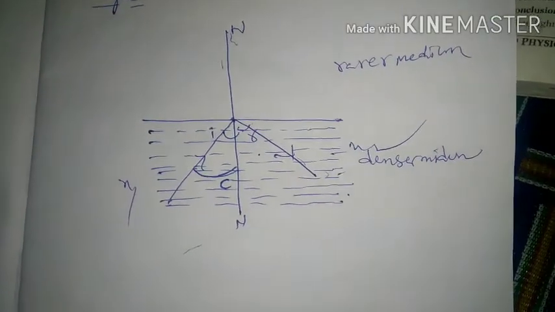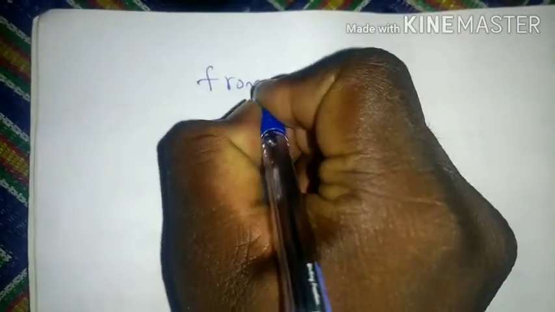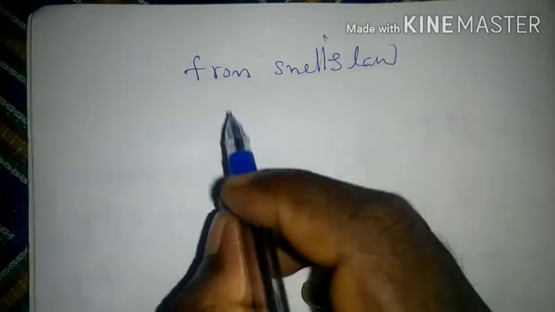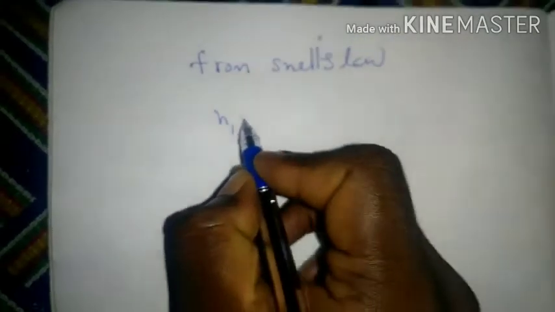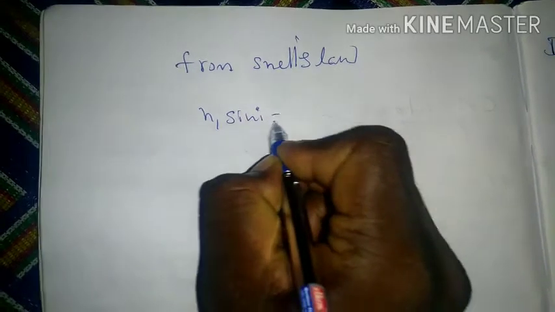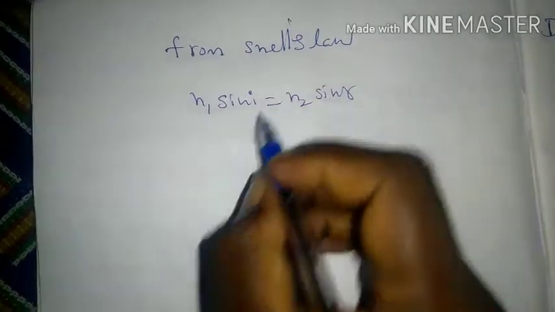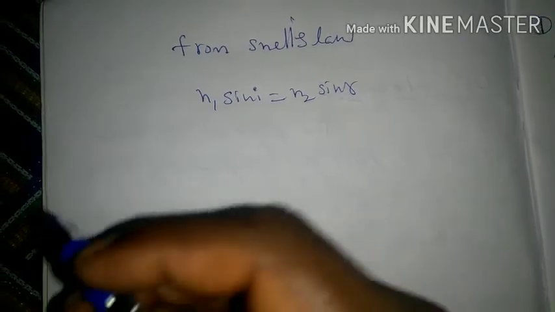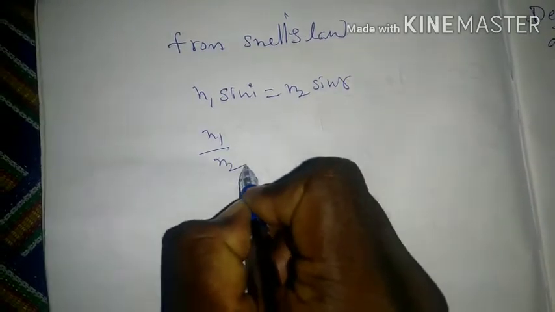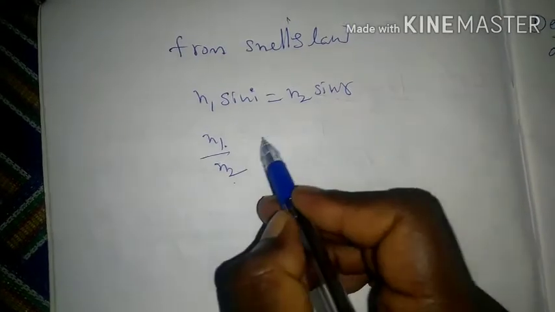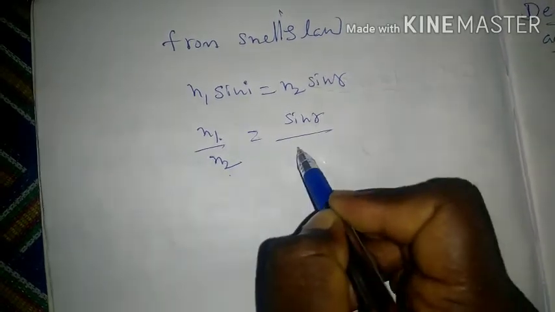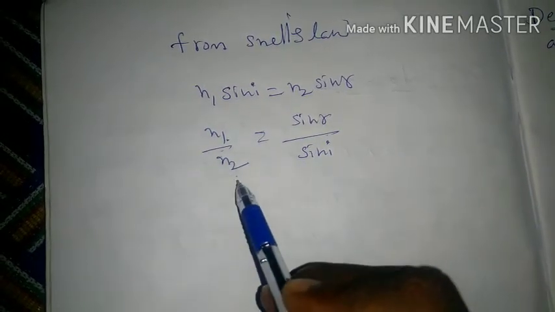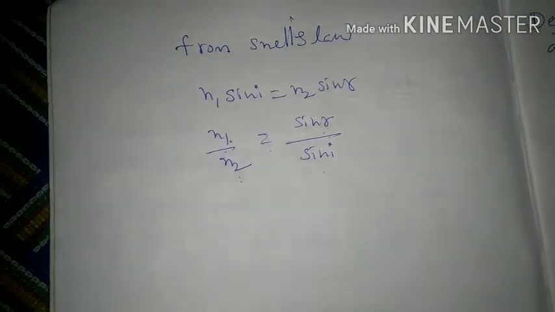From Snell's law, the formula is n1 sin I is equal to n2 sin R. Next I write n1 by n2 is equal to sin R by sin I.